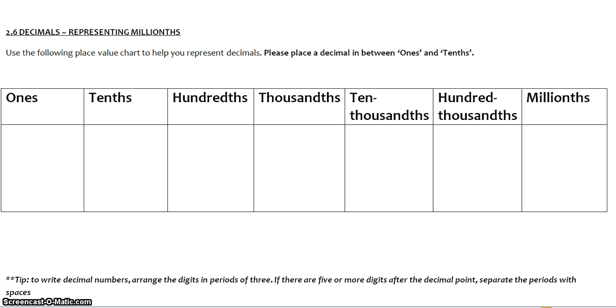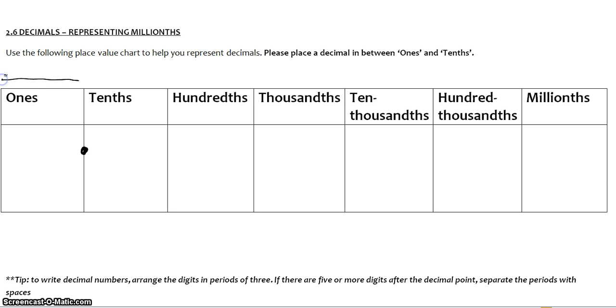Now, this place value chart for decimals, I would say part of it may look familiar to you from previous years. So let's just get ourselves looking at the chart first before we practice looking into decimal numbers. So take your pencil and put a decimal point in between the ones and the tenths, because a decimal point represents the boundary between whole numbers.